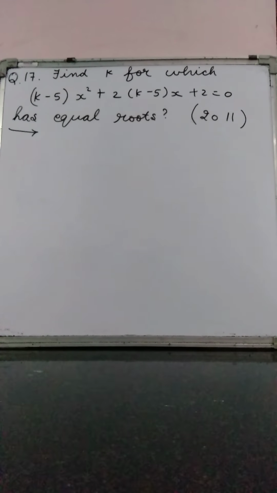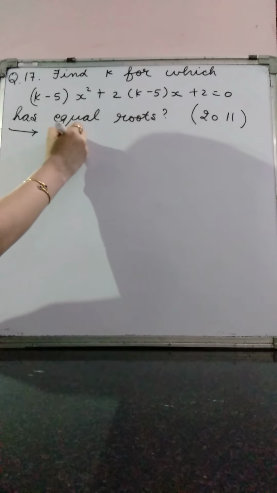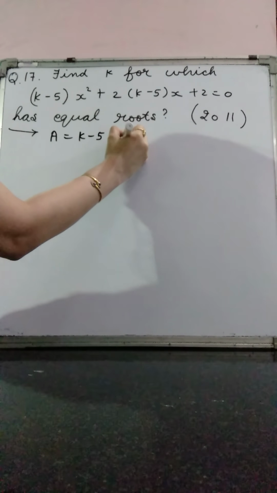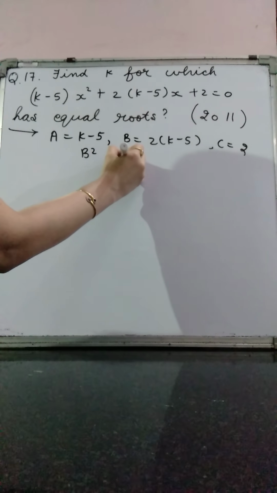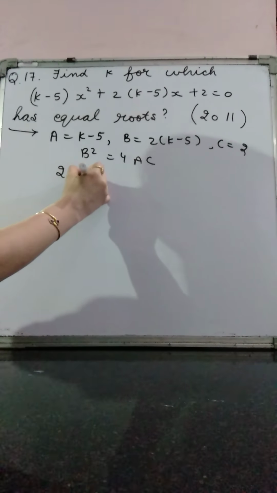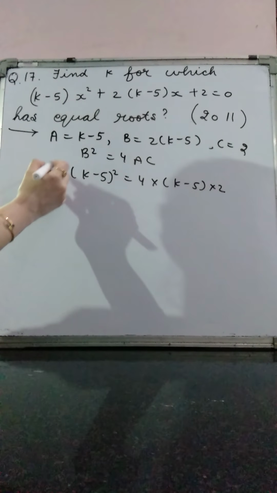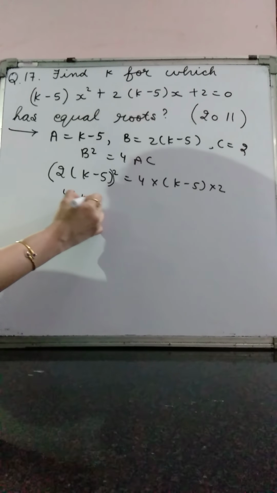Now next question is find k for which this equation has equal roots. First of all, compare and write the values of a, b and c. Apply the condition for equal roots. Substitute the values. 2 square is given by 4.